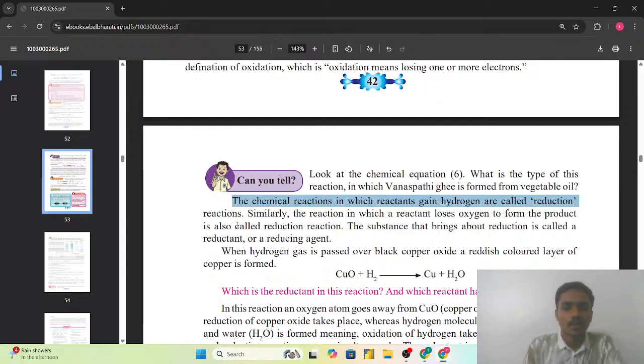So the chemical reaction in which reactants gain hydrogen is called a reduction reaction.